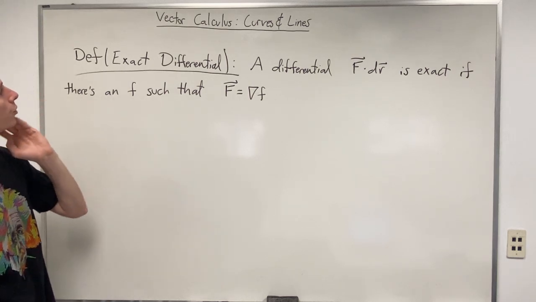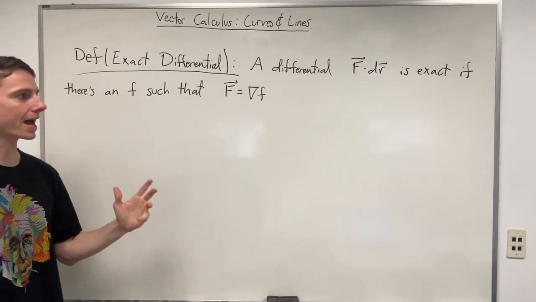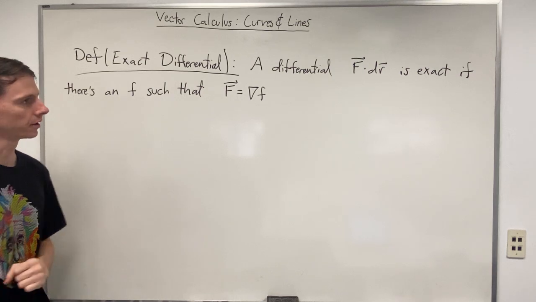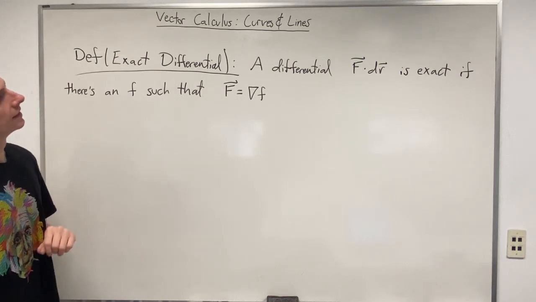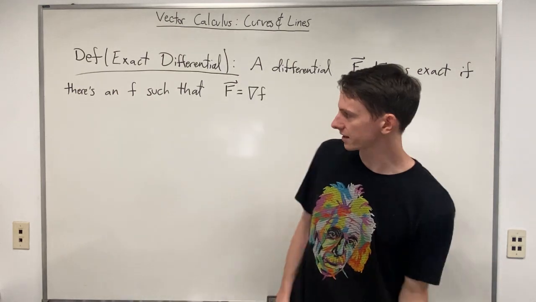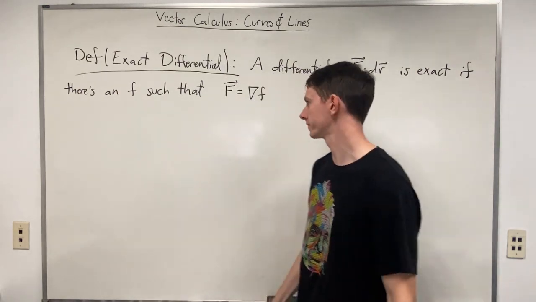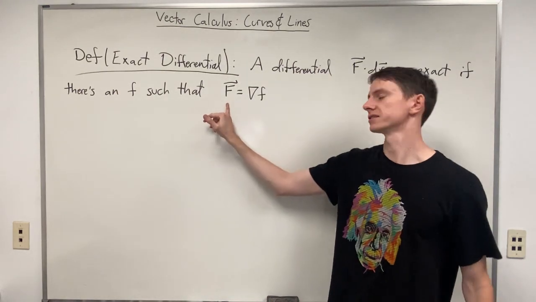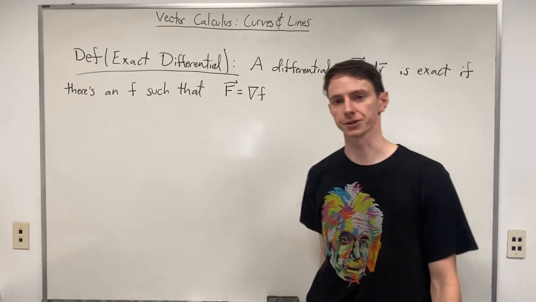All right, so now we have this thing here called an exact differential. Let's unpack that together. It says here that a differential F dot dr is considered exact if there's a scalar function f such that the vector field uppercase F is the gradient of that scalar function f.